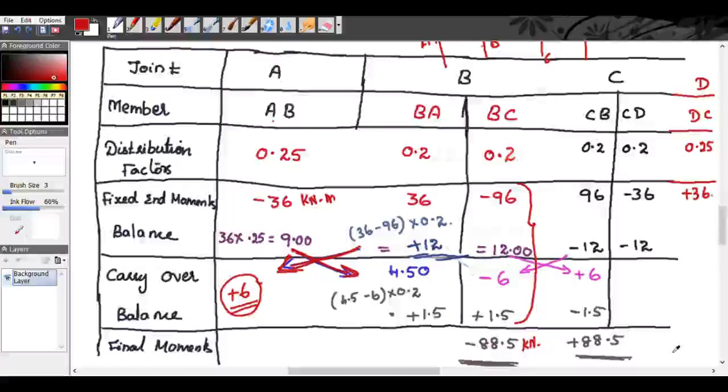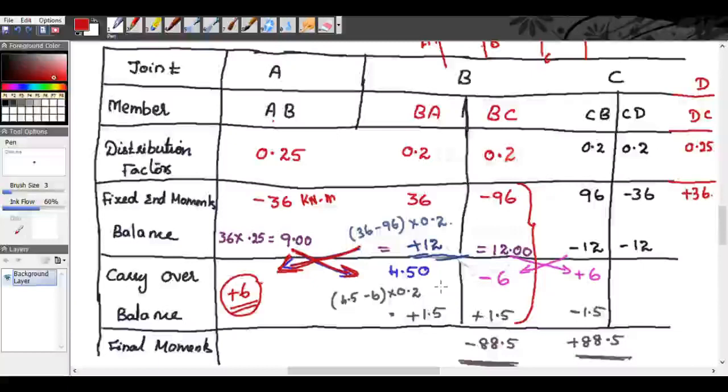So we will stop with this. We are not caring about the other parts. So now we have obtained the final end moments, final moments. Now we will draw the free body diagram. And see, while studying the moment distribution method, the summation of all the moments at the joint should be equal to 0. We have studied that.